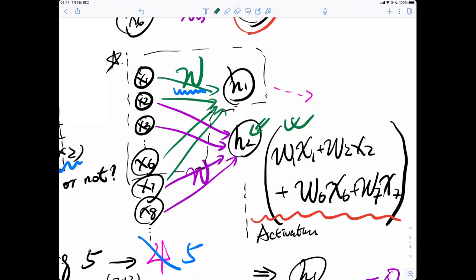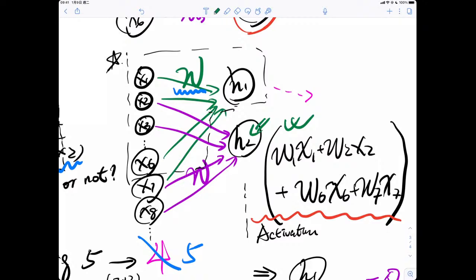However, for 2, 3, 7, 8, multiplied with exactly the same weight, which is the kernel, the value received by H2 is very, very low, which means 2, 3, 7, 8 looks different from W. So H1 will be activated because it has a very high value, and H2 will not be activated.